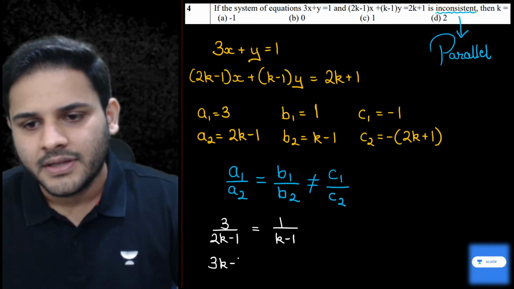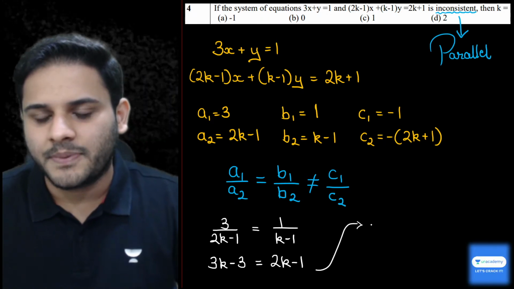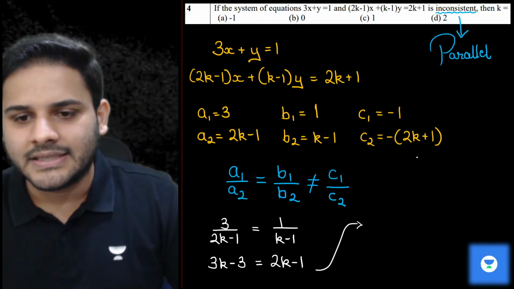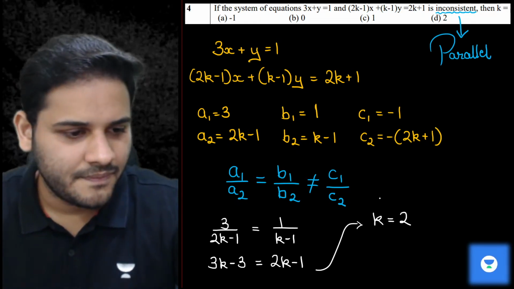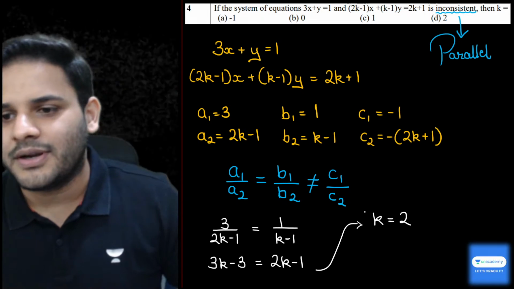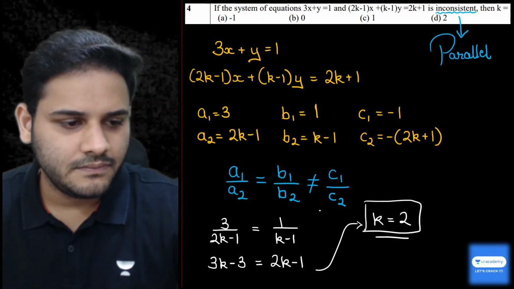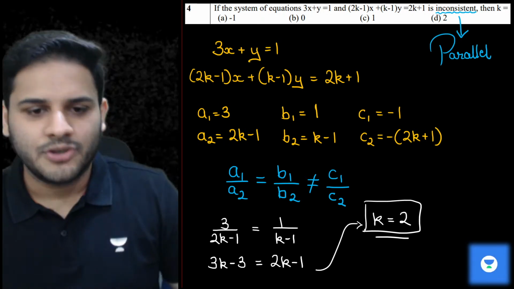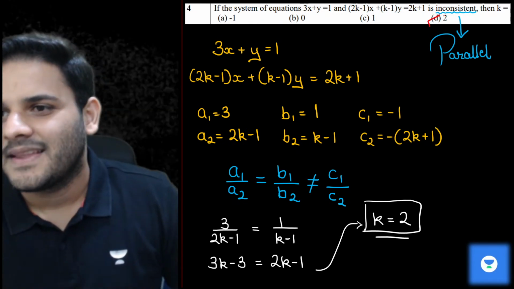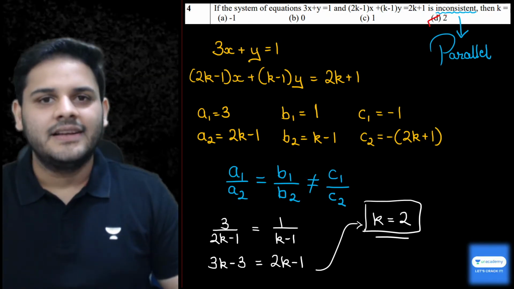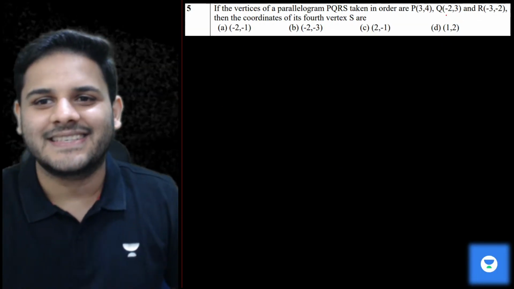So you will have 3k minus 3 is equal to 2k minus 1. Solving this, you will end up getting your answer easily as k is equal to 2. So I hope everyone is getting the value as 2. Option D is absolutely correct. Done with the fourth one. We move on to the next one on your screens.